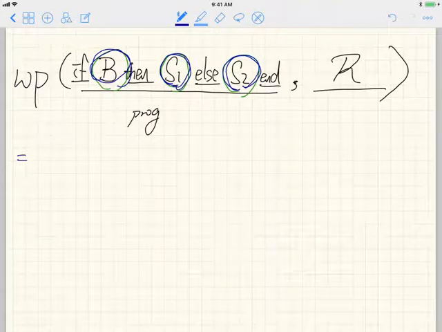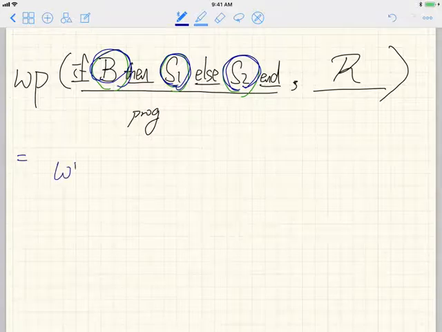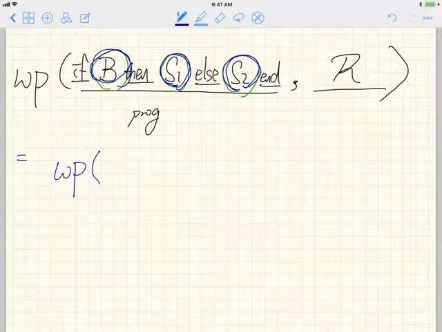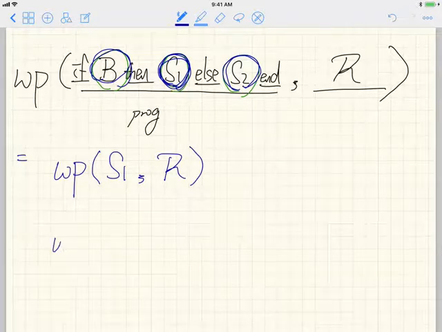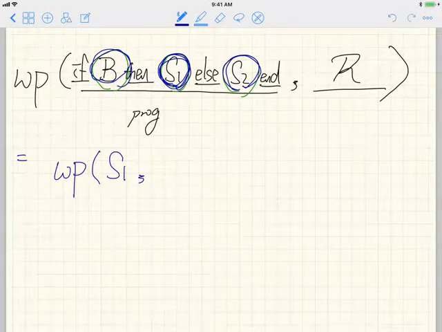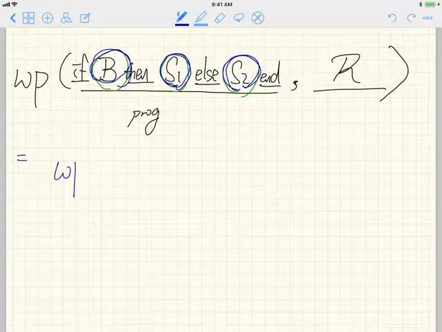Okay. So now let's say this. I want to somehow calculate the WP separately, separation of concern. I can say, what's the WP if I happen to execute S1? In that case, S1 is going to establish R. Okay, that's one case. Let me just leave a little bit of space for myself so I can show you a little bit more clearly.